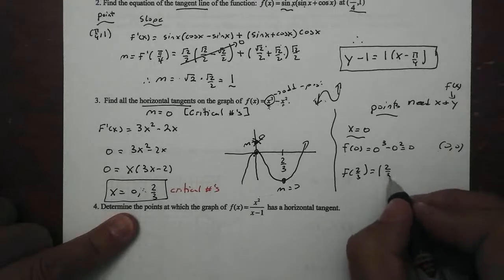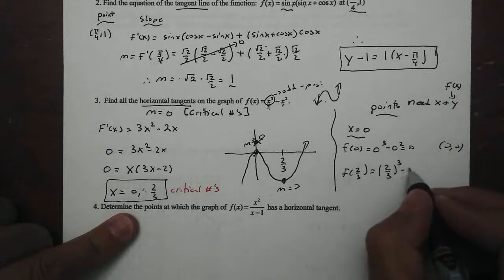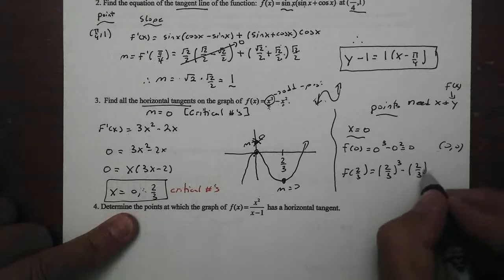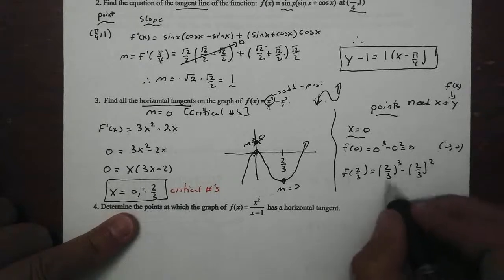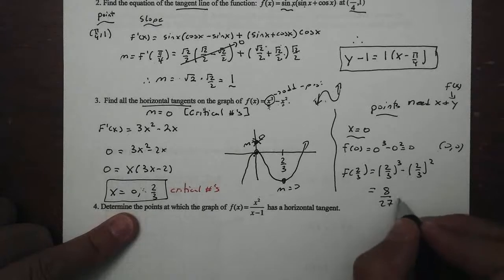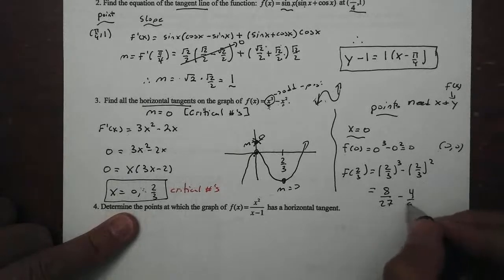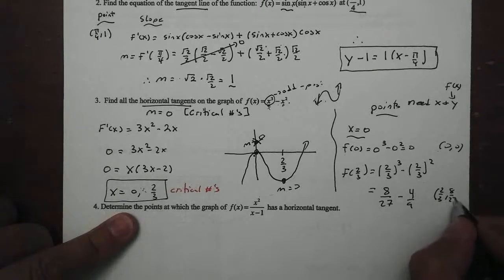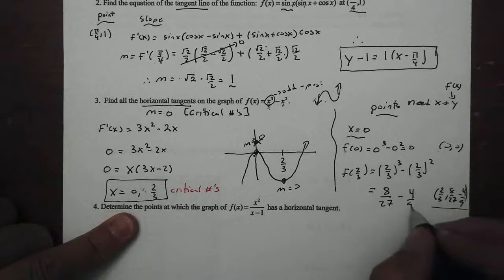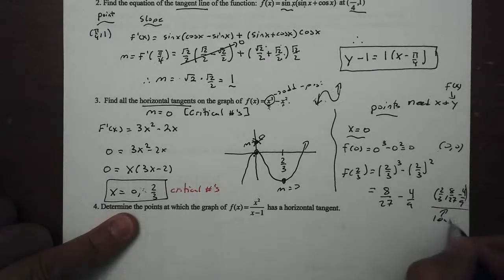We would get 2/3 cubed minus 2/3 squared. Now we kind of cheat, we don't simplify much in math. This becomes 8/27 minus 4/9. So we would have the point 2/3, 8/27 minus 4/9. We don't simplify, we just leave it alone for now.